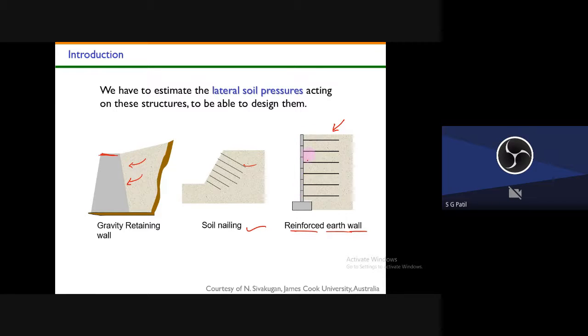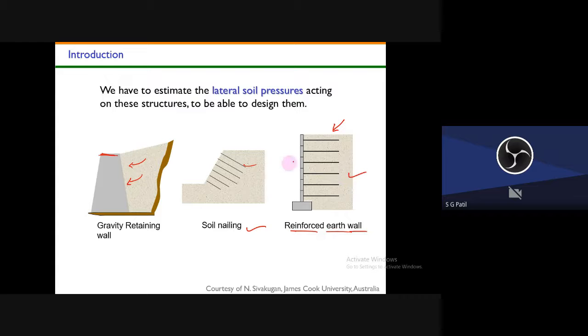This is also one example of a retaining wall. Even towards the railway track, they were building these reinforced earth walls. This is also one kind of retaining wall.